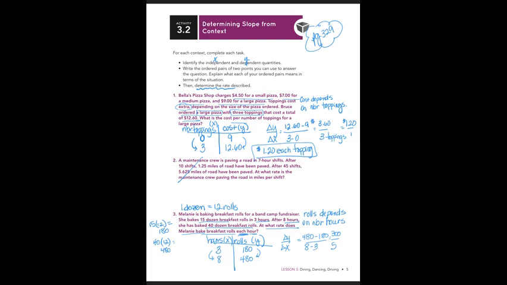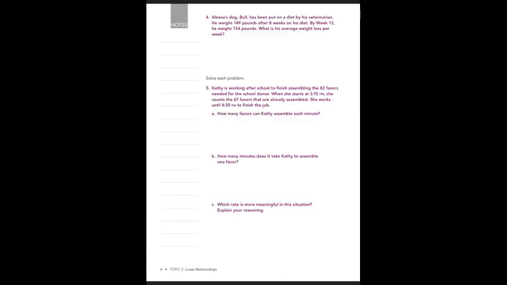Once again, I'm looking for a unit rate. So I want a 1 in the denominator. If I divide 5 by 5 to get 1, I have to divide 300 by 5, and I get 60. So this tells me that I can make 60 rolls in 1 hour. Okay, so that is our unit rate.